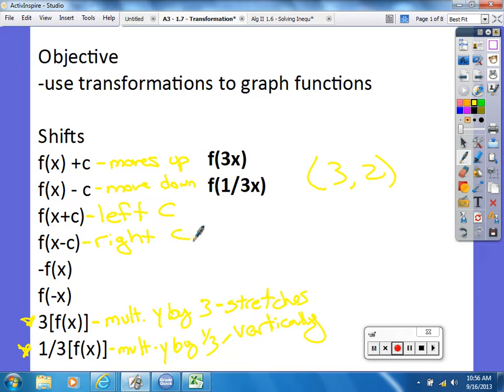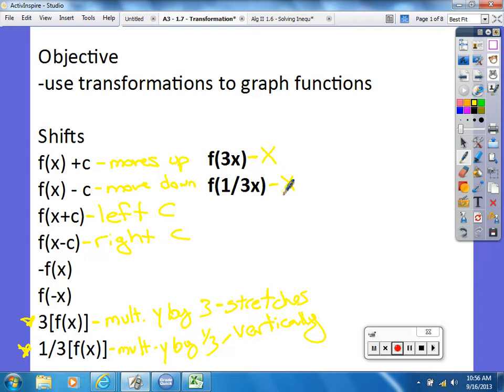Notice these 3's and this 1/3 are also on the inside. So I need to erase that point that we talked about. Since the number's on the inside, it still has to affect which letter? It has to affect the X, just like this did. It affected the X, so I'm going to put an X beside there.